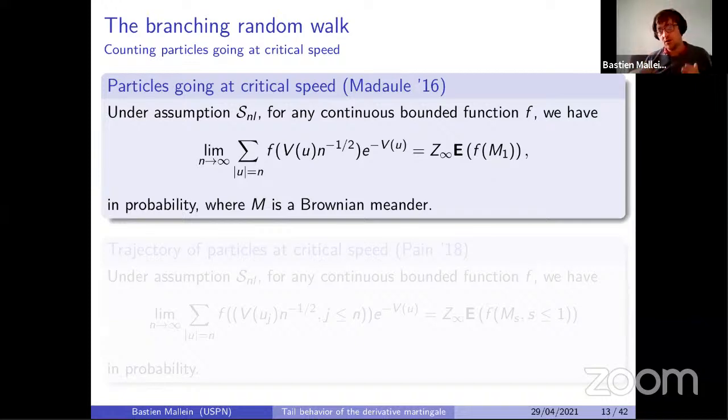So a Brownian motion conditioned to stay positive at all times between time 0 and time 1.